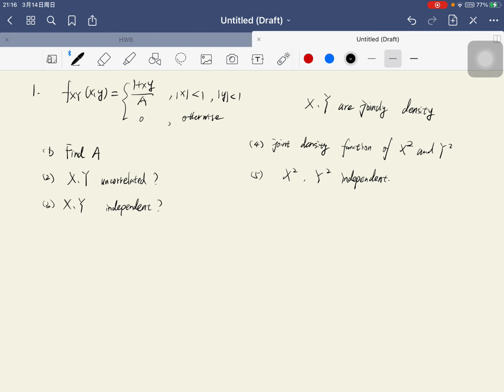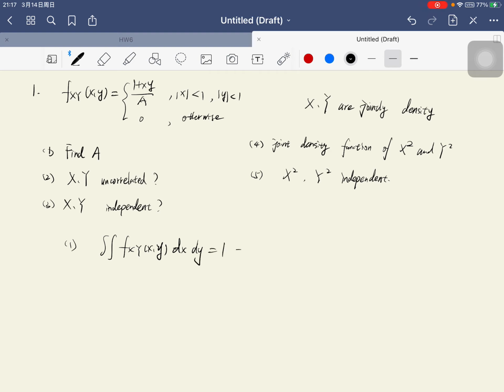Question A: we want to find a so that the function is a valid joint density function. So we integrate the density function, and the total probability is equal to 1.